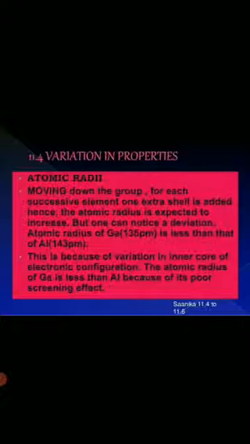But when we move from aluminium to gallium, the atomic size decreases. This is because of the variation in the inner core of electronic configuration. The atomic radius of gallium is less than aluminium because of the poor shielding effect of the d subshell, because in gallium we get the filling of 3d subshell, 3d10.